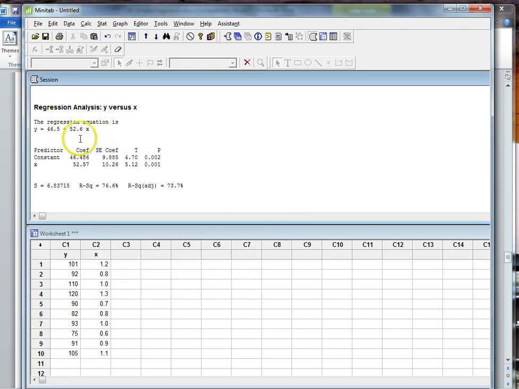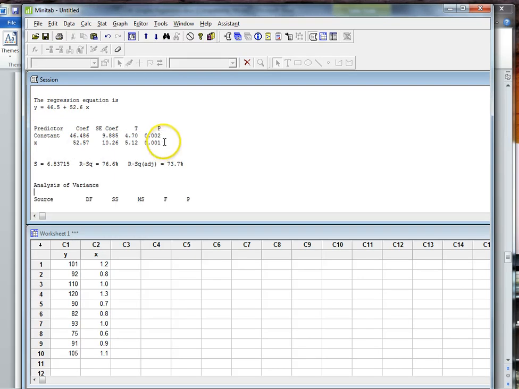It tells you what the regression equation is, it tells you what the coefficients were, so that's beta 0 hat, that's beta 1 hat, your slope, and that's your y-intercept, and these are the standard errors of these, and the p-values.